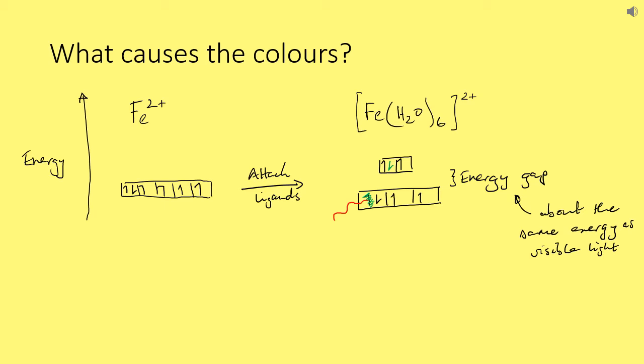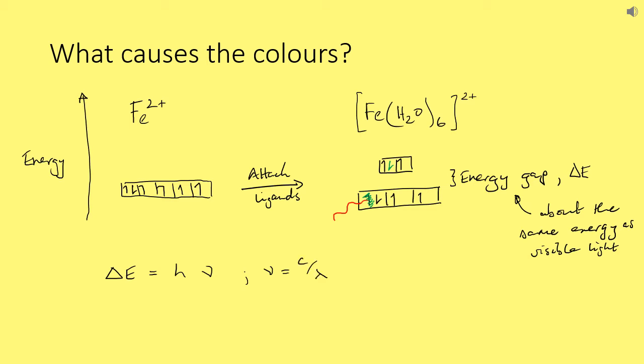And we can get mathematical about this with an equation. The energy gap, which we can call delta E, is given by h, which is Planck's constant, times nu, which is the frequency of the radiation. But it's also true that frequency is equal to the speed of light divided by the wavelength.